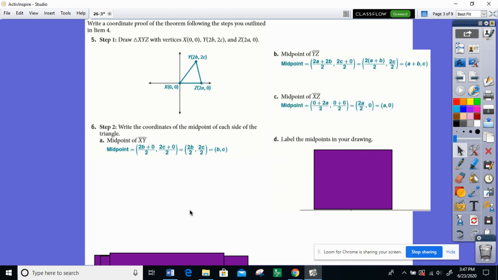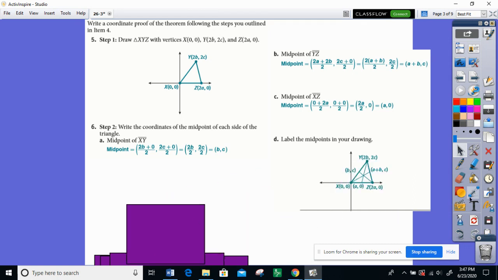And for the midpoint of segment XZ, the midpoint of this segment along the bottom, well, obviously, the midpoint is going to have a y value of 0, just like it does right there. 0 plus 2a divided by 2 is a.